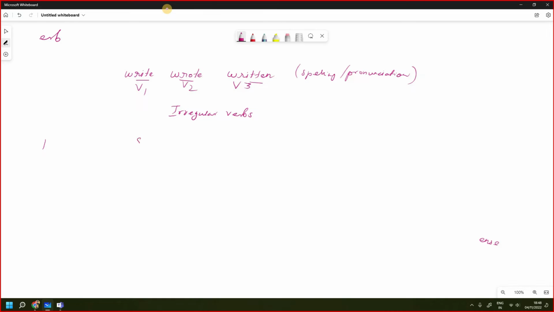You can also write speak, spoke, spoken. All are different, right? Then for example you can say drink, drank, drunk. So these are different. You see the way these words are very different.